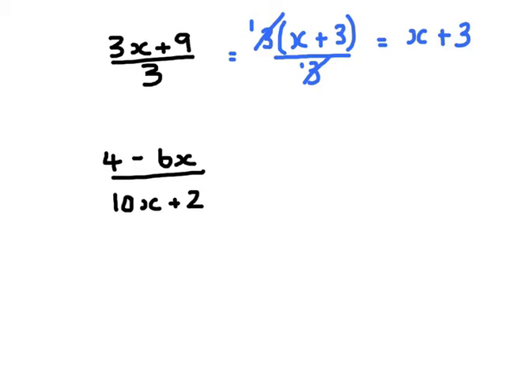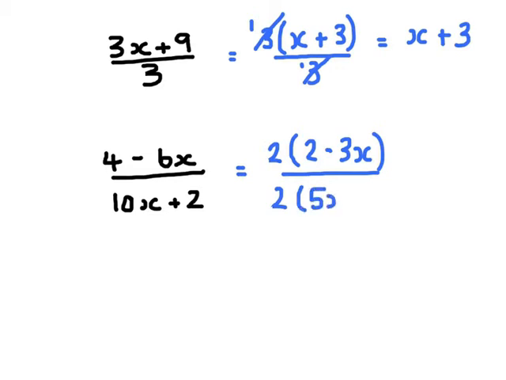Do the same thing here, so we'll factorise the top, and we're also going to have to factorise the bottom here to get the common factors. So 4 and 6, 2 goes into those, so that must be 2 lots of 2 minus 3x. And on the bottom, 2 goes into both of those as well, so it will have to be 2 lots of 5x plus 1.